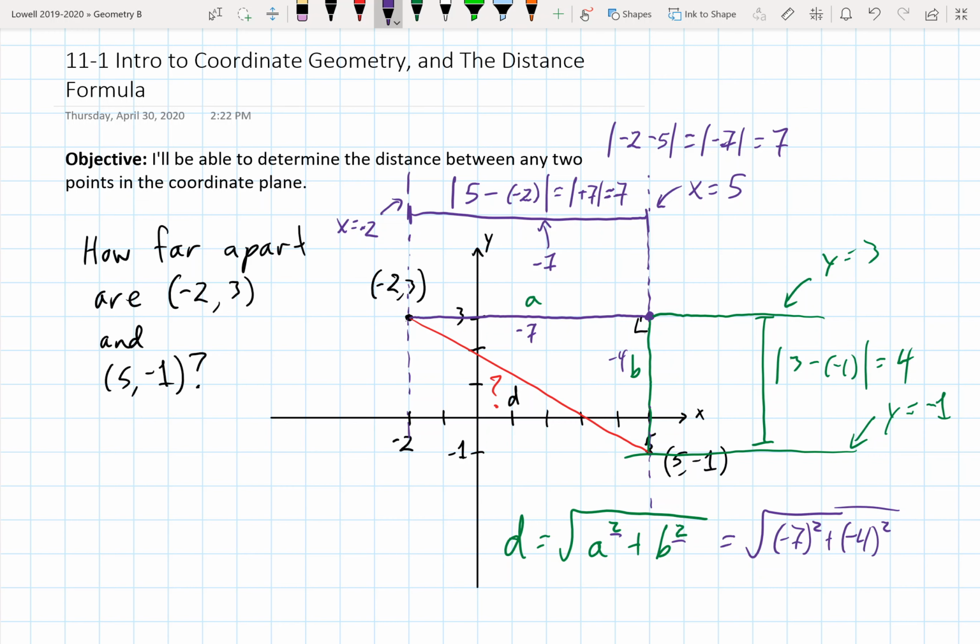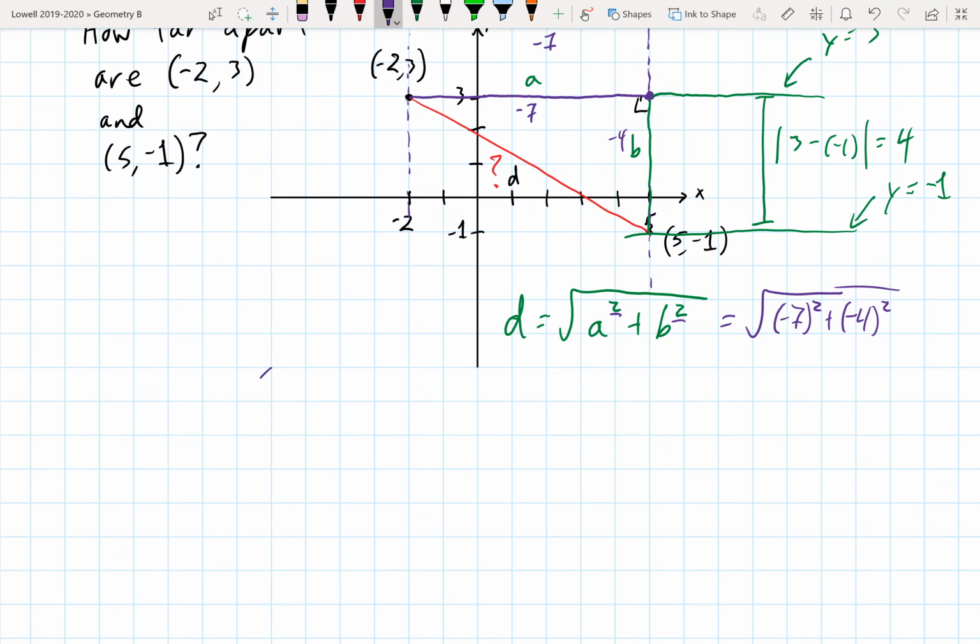So this gets us to our actual distance formula, where let's pretend I have 2 points right here. I'm just going to call this point x1, comma y1, and I call this one down here, perhaps, x2, comma y2.